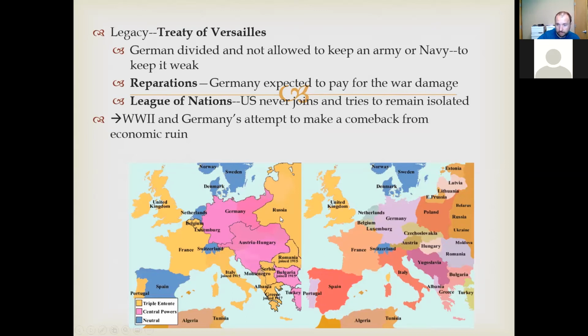Austria-Hungary is a country that doesn't exist today. Austria does, Hungary does, and then there are other countries in that area, like the Czech Republic, Slovakia. There are a few others in there. But anyway, Austria-Hungary is this big country at the time.